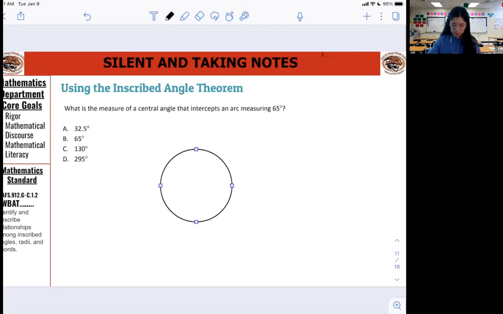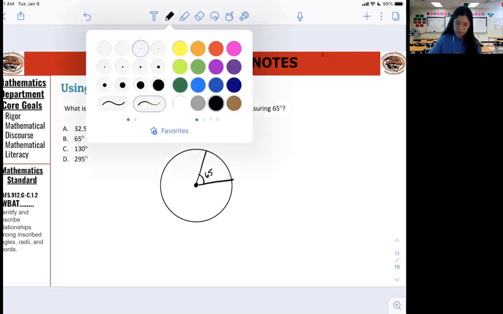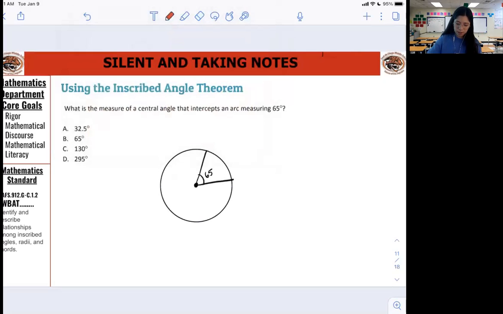If this is my circle and this is my angle and this is 65 degrees, then the intercepted arc is also 65 degrees. It's a fake question. This is just to make sure you guys are awake. Free points if you read it correctly.